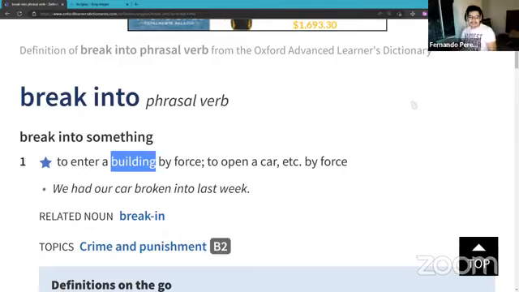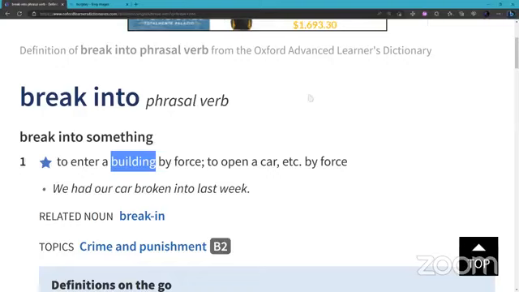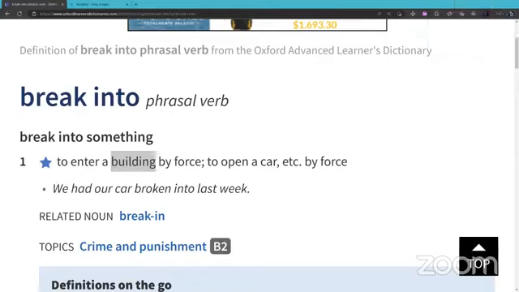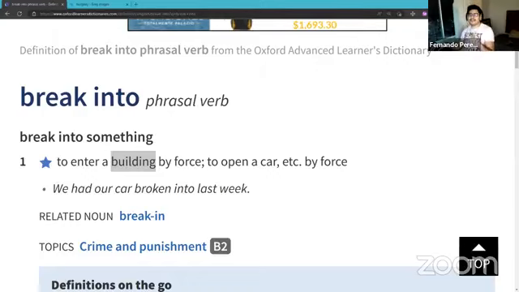So if somebody stole the stereo of your car, the radio, what did the person do? The person broke into my car. The person broke into your car. And if somebody stole your bicycle that was inside your backyard?